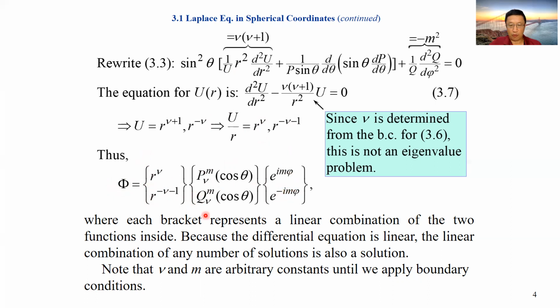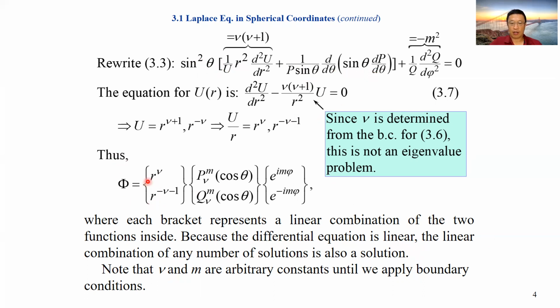The bracket represents a linear combination of the two functions inside, because the differential equation is linear. The linear combination of any number of solutions is also a solution. This is a linear differential equation.